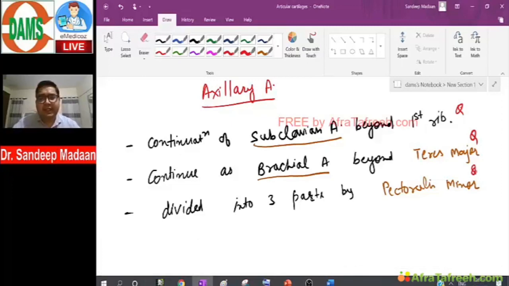So you will see these notes are not exactly what is written in BDC or Vishram Singh or other books, because this is not from a single book, it is from different books, okay. Some part is from Gray's and some other. So ultimately you are getting high yield stuff, but what you write in your university exam will depend on your college pattern.